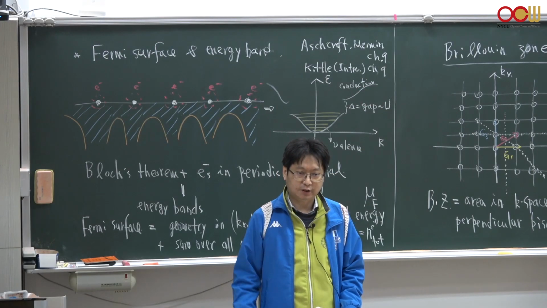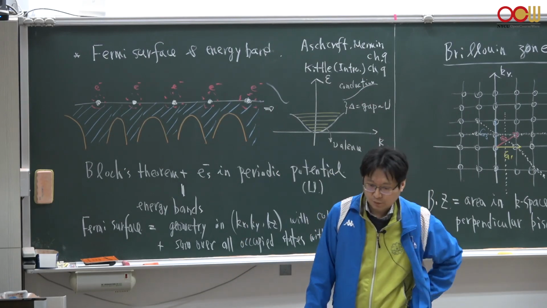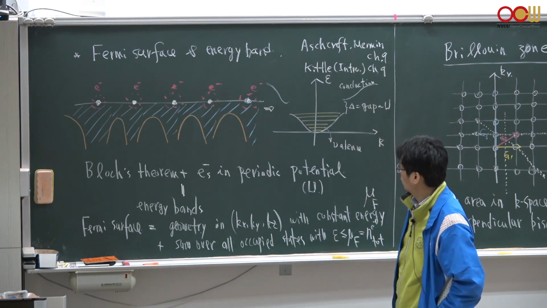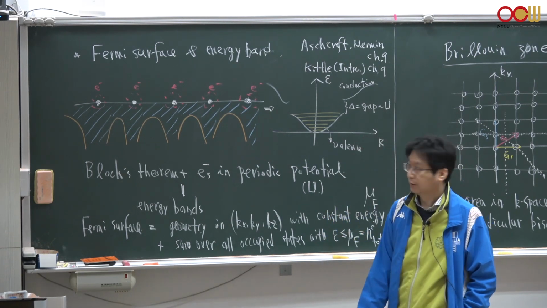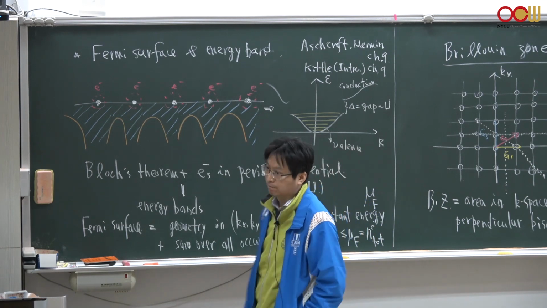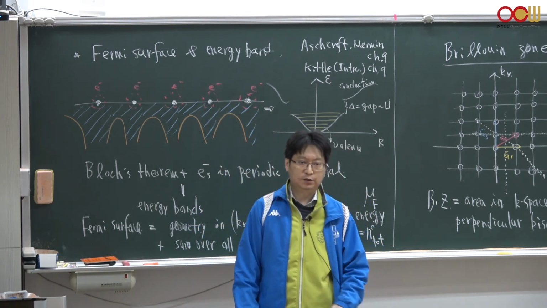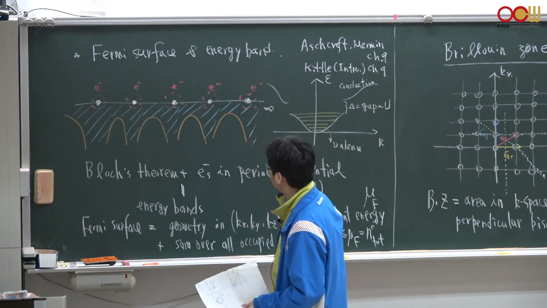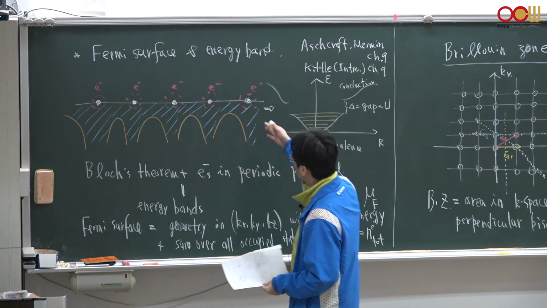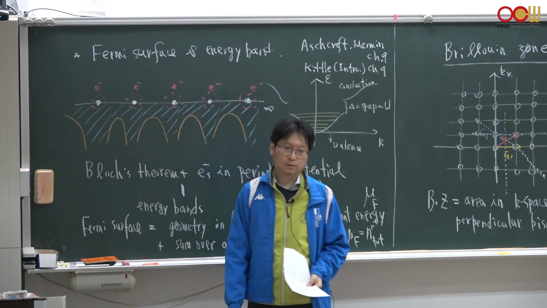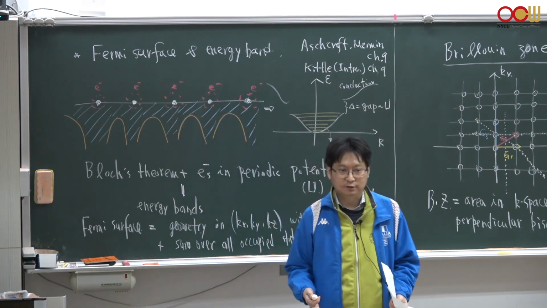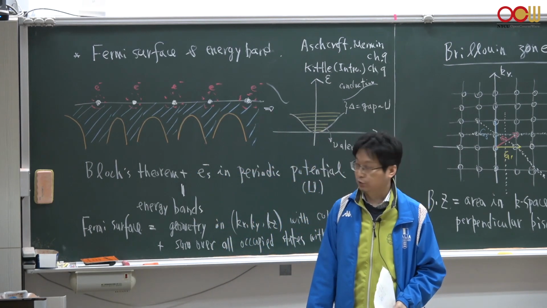Let's move on to the second subject of the review of introductory solid state, which is the energy band and Fermi surface in ordinary metals, or a weakly Coulomb-interacting electron system. So here is the cartoon picture of metals in these crystal structures.